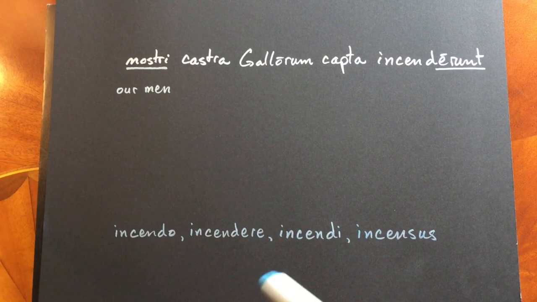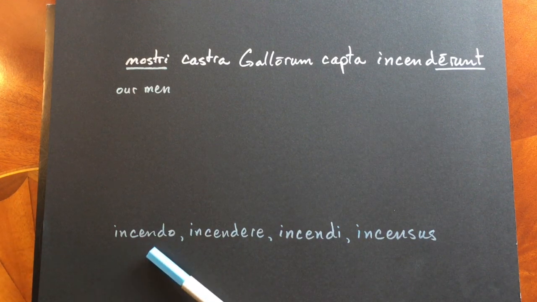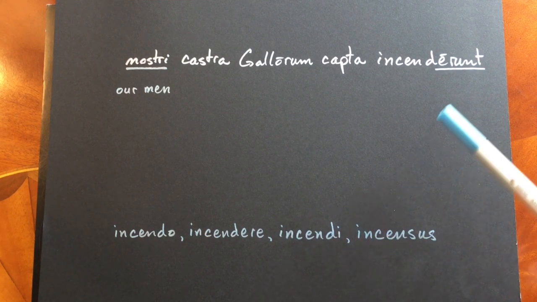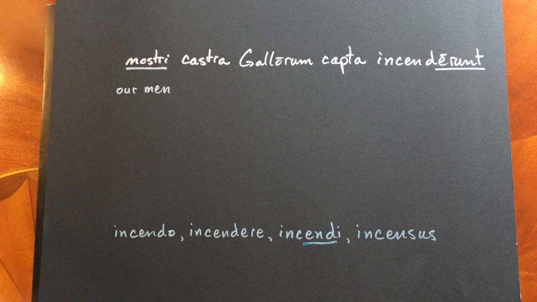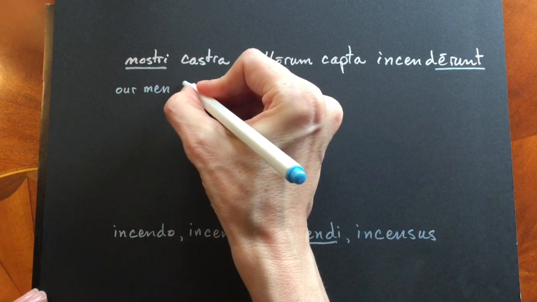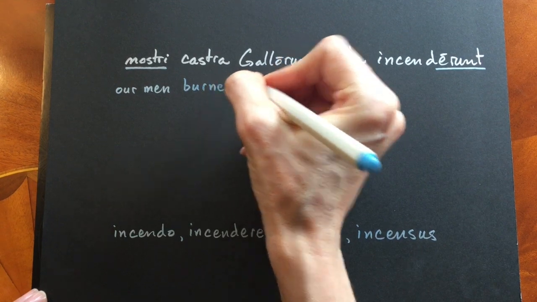So we have our four principal parts. Incendo, incendere, incendi, incensus. And we can see here that we have the perfect tense, which means this happened in the past. So we have our main verb and our subject: our men burned.